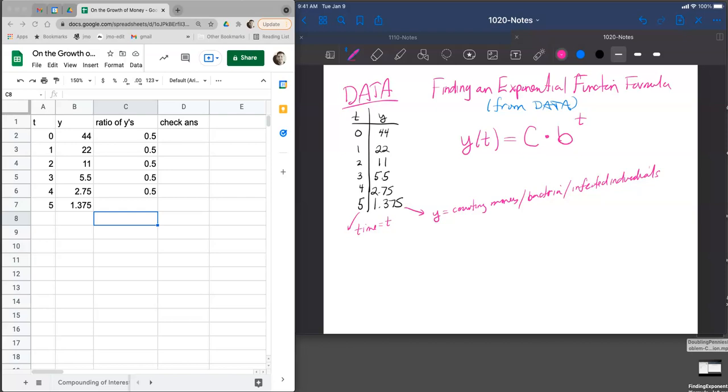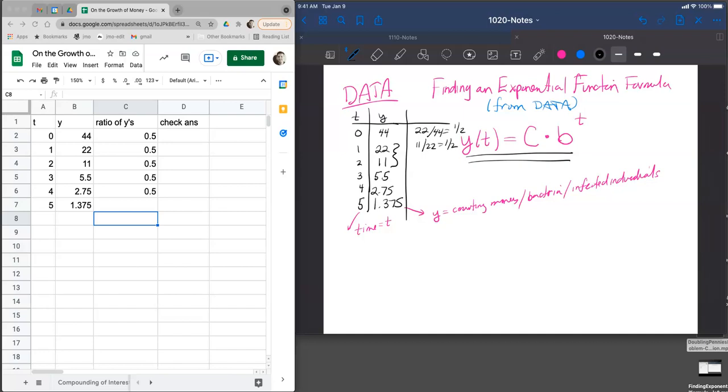How do we know this problem is exponential? How do we know that y is actually an exponential function of t? We can see that by looking at the ratio of y values. 22 divided by 44 is equal to a half. And 11 divided by 22 is a half.